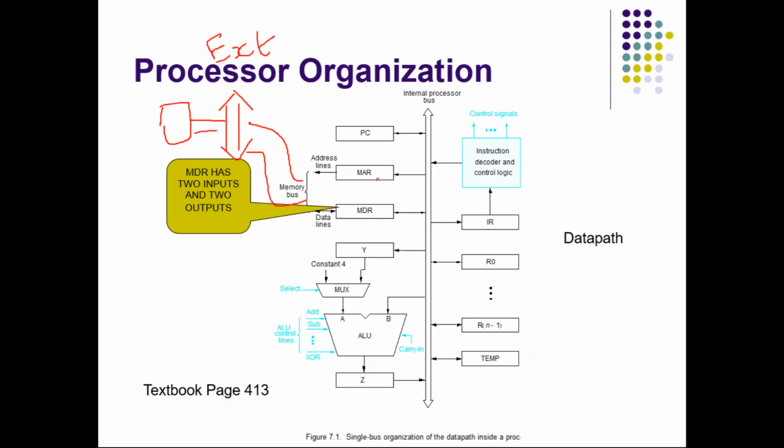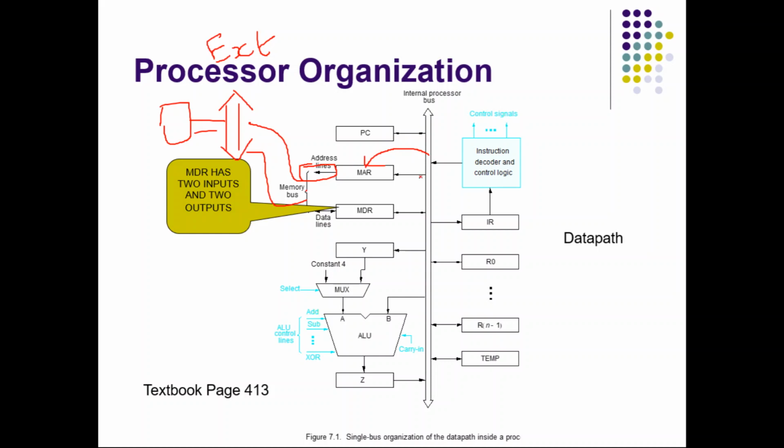If you see MAR, the address can be transferred only from the internal bus to MAR, and whatever address is available in MAR will be transferred to the address bus. These address lines are called the address bus, through which it is connected to the external system bus.